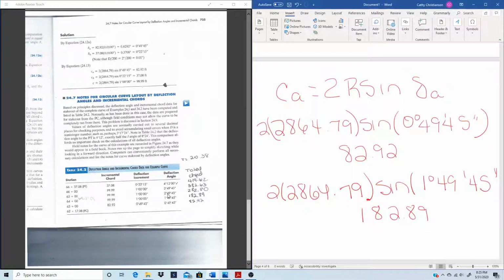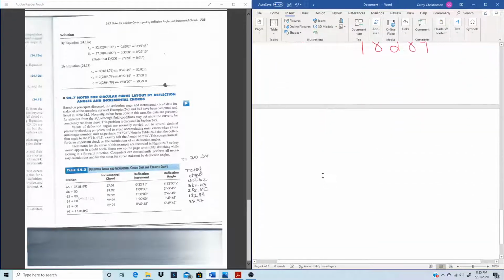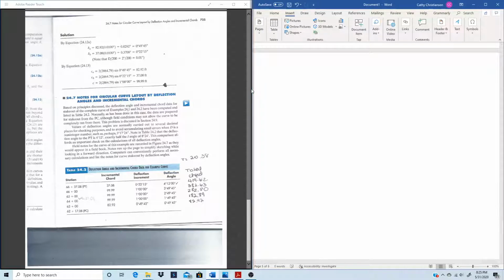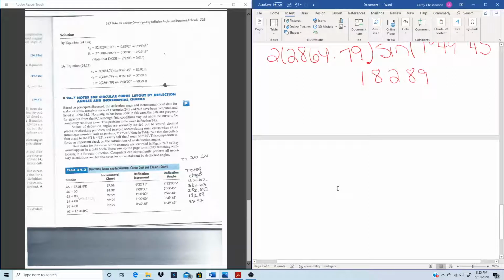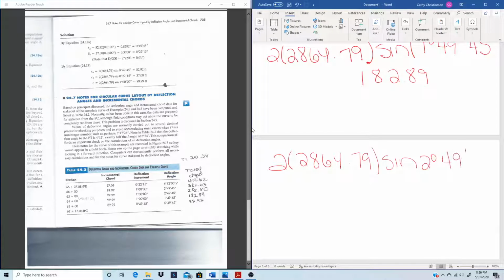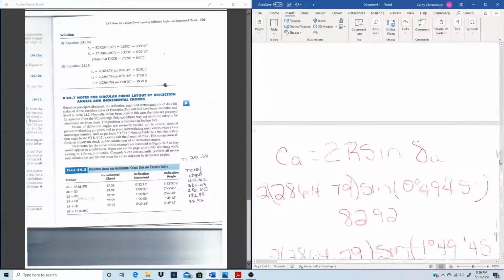So the only thing you would change out for the next one is your degrees, minutes, and seconds. So I can scroll down and say 2 times 2,864.79 times sine 2 degrees, 49 minutes, and 45 seconds.